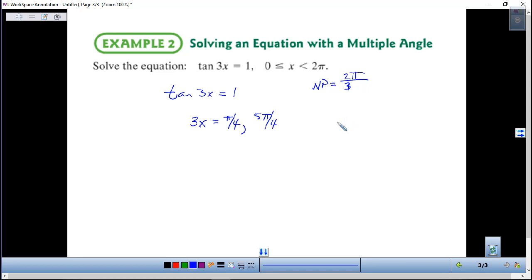Well, 2 pi over 3 is going to be smaller than the old period. Sorry, that's wrong. The original period for tangent is pi, so we end up with the new period being pi over 3.